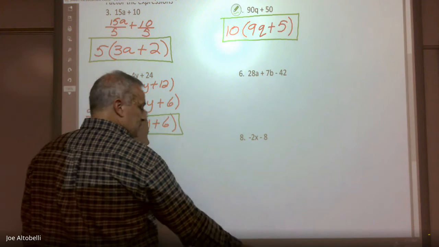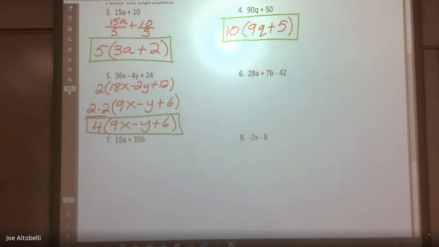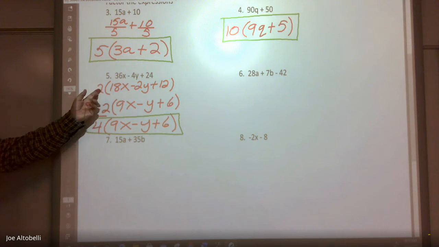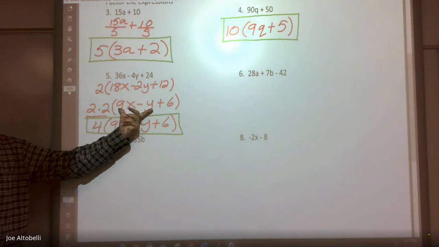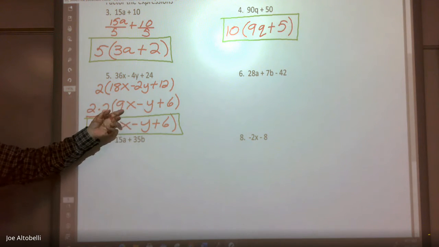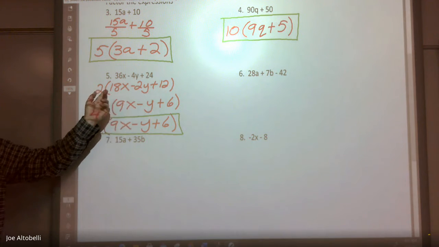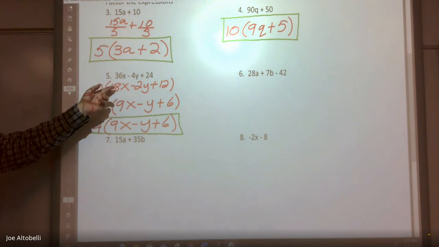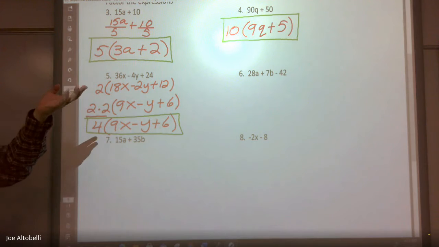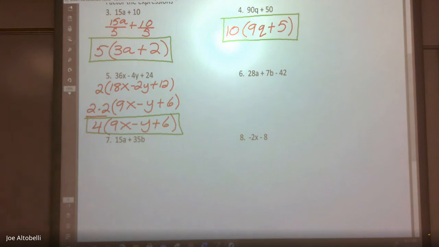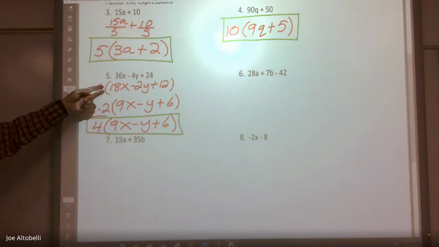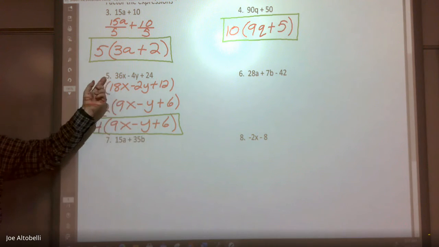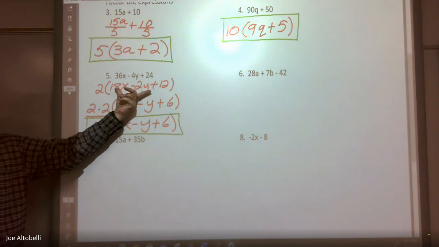Sometimes when we factor something out, after we're done, we realize that a factor can still be pulled out. You might not recognize right away that you can divide by 4, and you might divide by 2. So if you factor the 2 out of here, you get 2 times this.